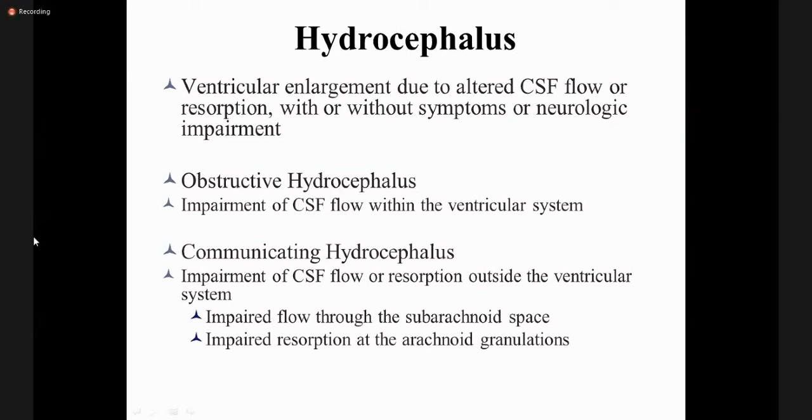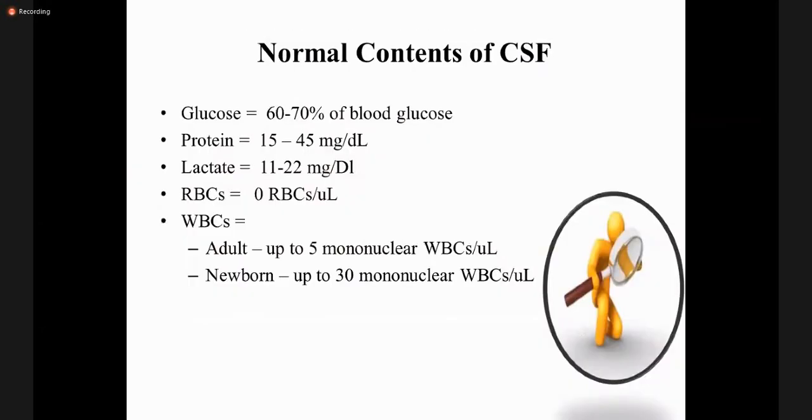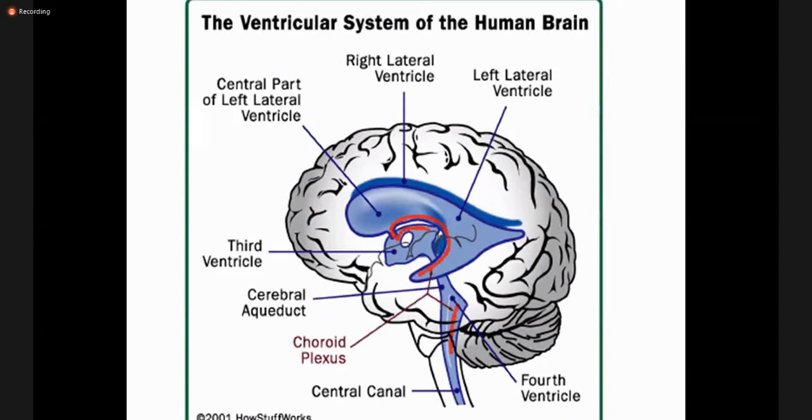There are two main types of hydrocephalus, obstructive and communicating. I want to go back to the picture. Obstructive hydrocephalus means the CSF is accumulated due to the obstruction within this ventricular system. If obstruction is within this diagram, then we have obstructive hydrocephalus.